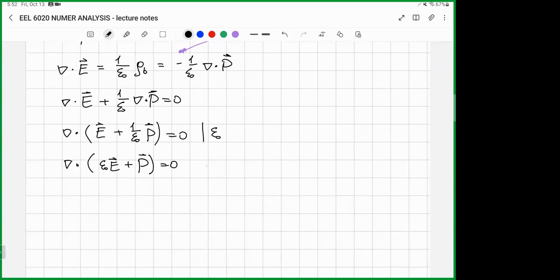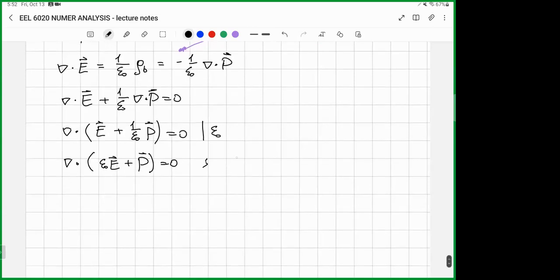So now I introduce the vector that we already used before. In free space it coincides with the electric field, but in the presence of matter it gets its own physical importance.